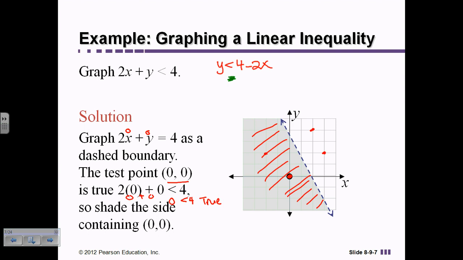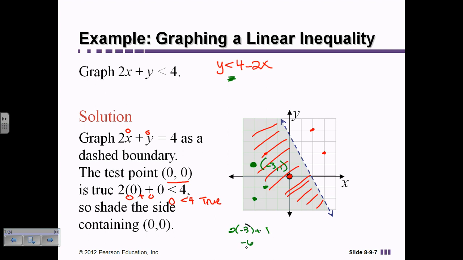So what this tells you is that any ordered pair on this side of the line will satisfy the equation of 2x plus y is less than 4. So let's just pick another point and say, let's say I pick this green point right here. And that green point is -3, +1. And if I substitute -3 and +1 in for x and y, I'm going to get 2 times -3 plus 1.